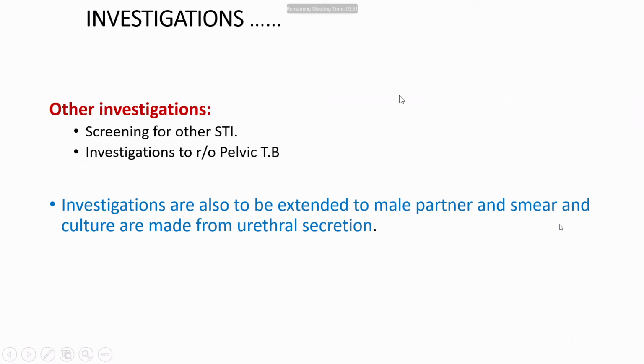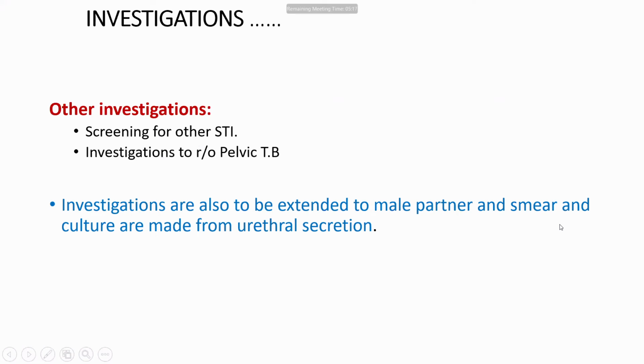So remember, there are other investigations, so make sure that you screen for other sexually transmitted infections, and always rule out pelvic tuberculosis as well, because this is endemic in our part of the world. The investigation should be extended to the male partner as well. The smears and culture should be made from the male urethral secretion, so that the male partner can be treated.